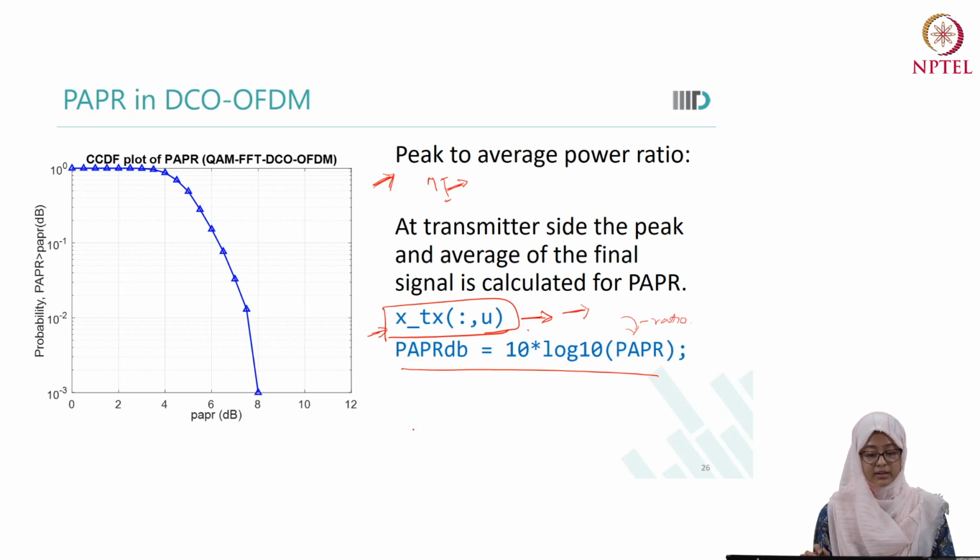This is how the CCDF plot of PAPR is shown against the threshold PAPR. From the lecture notes, you can know that the CCDF of PAPR can be derived from the PDF of the optical OFDM symbol.